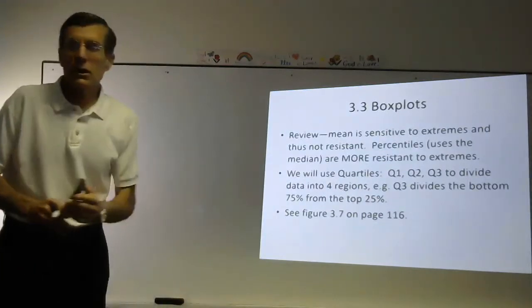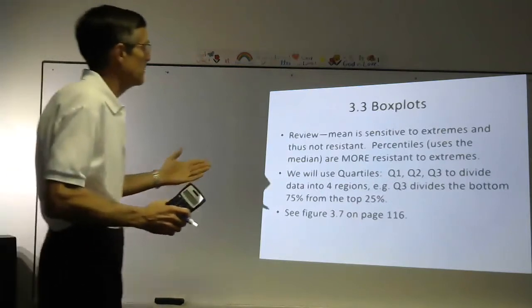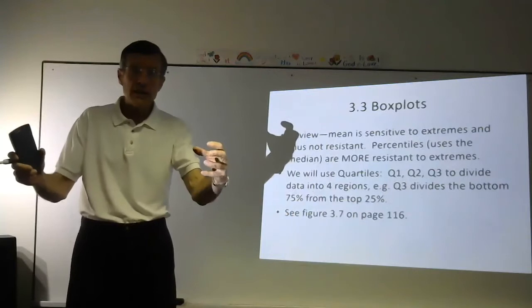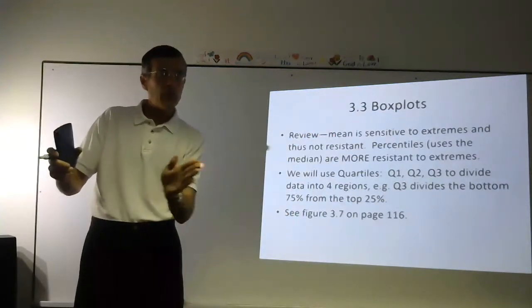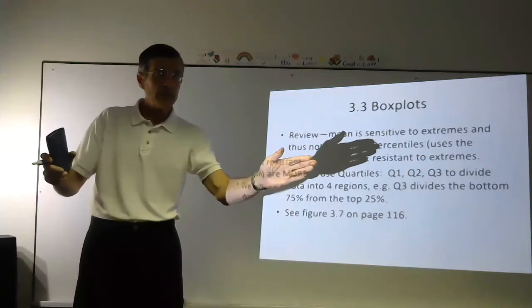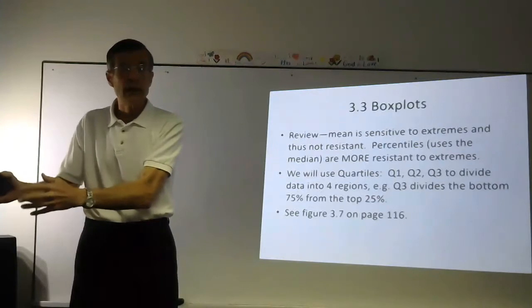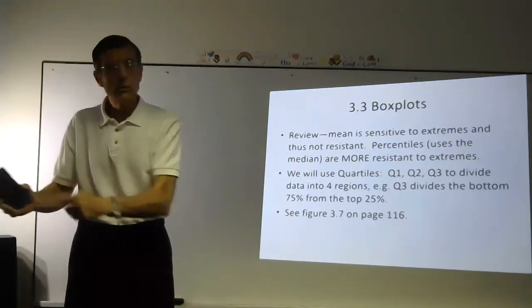Now, if you recall, one of the first things we did in chapter 3 was we talked about how the mean, the average, is sensitive to extreme values. If you have some data and you have some horribly, horribly big ones, it's going to pull the mean toward the big ones. If you have some extremely low values, it's going to pull the mean toward that data.